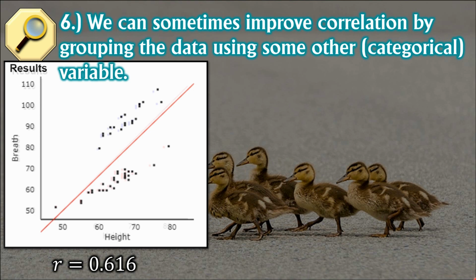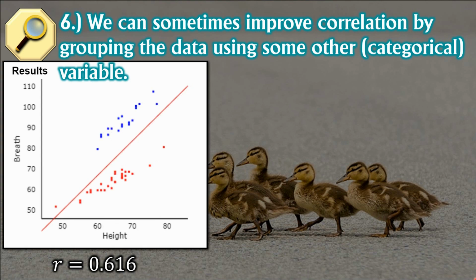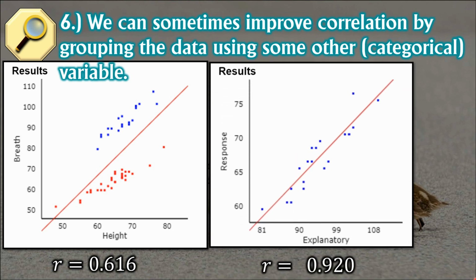But if I start grouping them by gender, right? If I start grouping them by biological sex, then it looks like those might actually be grouped together. And if I separate them further and look at just male versus just female, those R values just shoot right up, right?